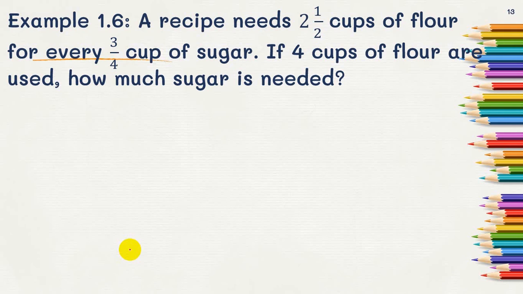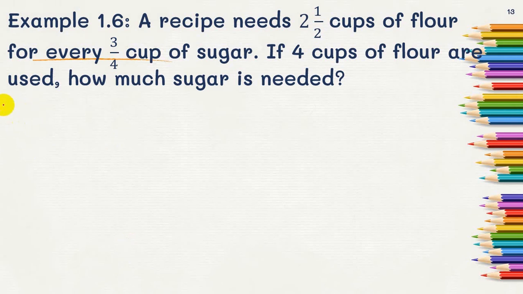Next, example 1.6. A recipe needs 2.5 cups of flour for every 3/4 cup of sugar. If 4 cups of flour are used, how much sugar is needed? So first things first, we have to make our representation so that we can easily solve for this. Okay? So let's write the first ratio.